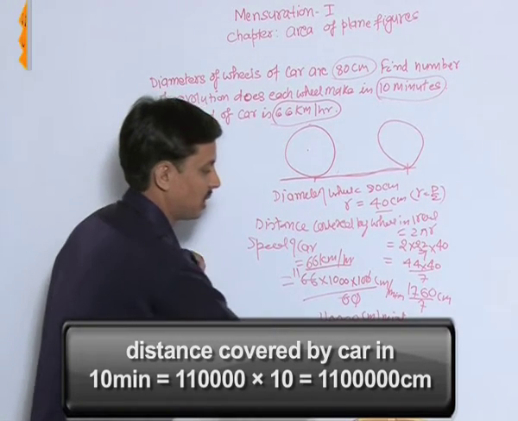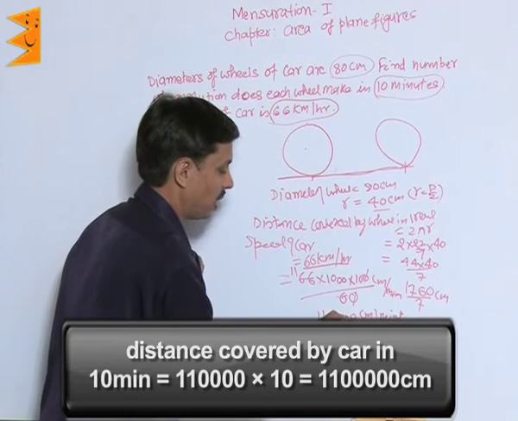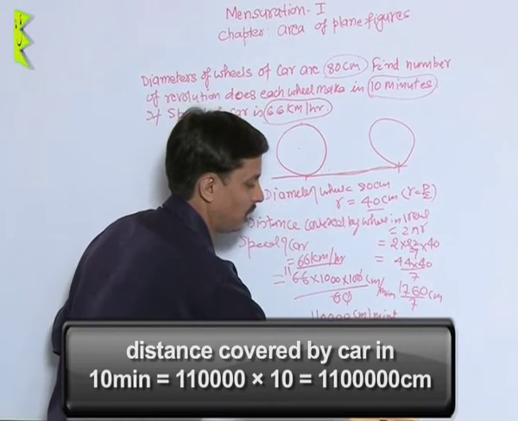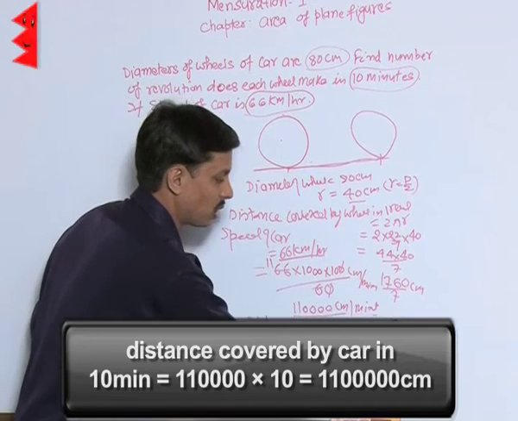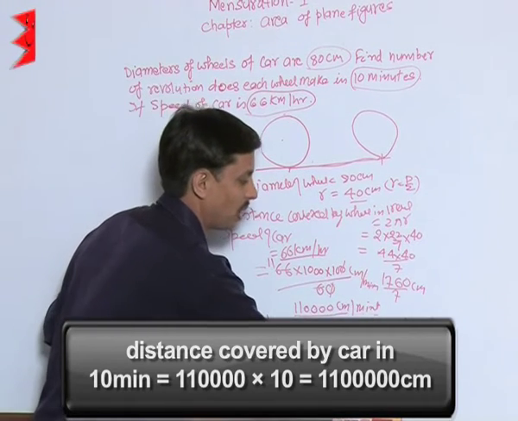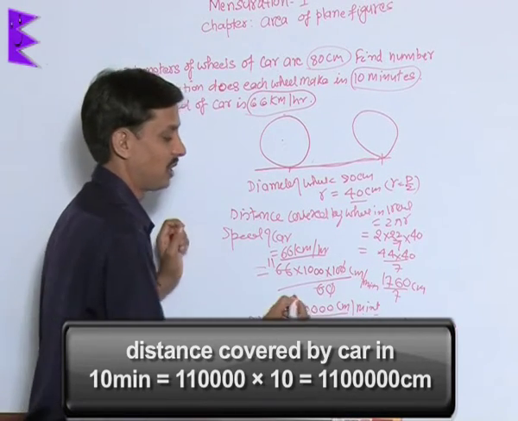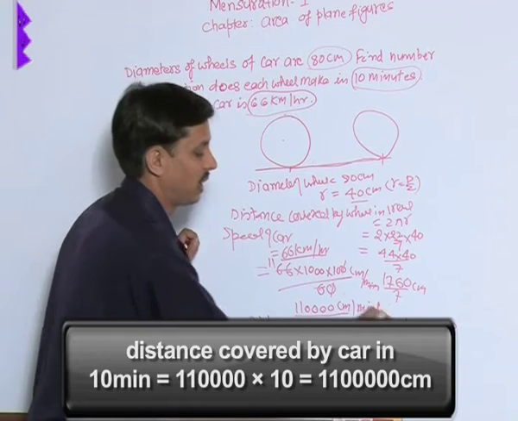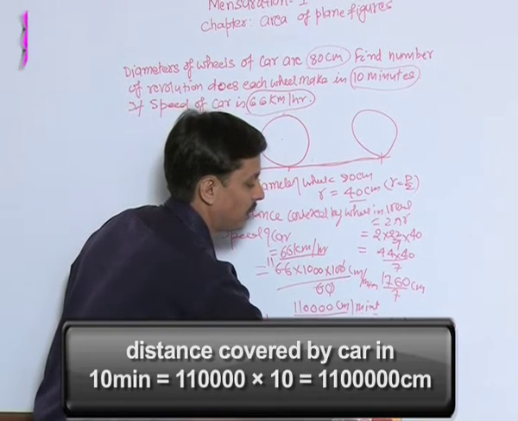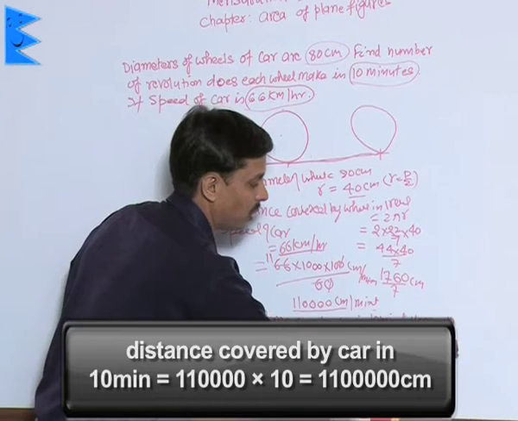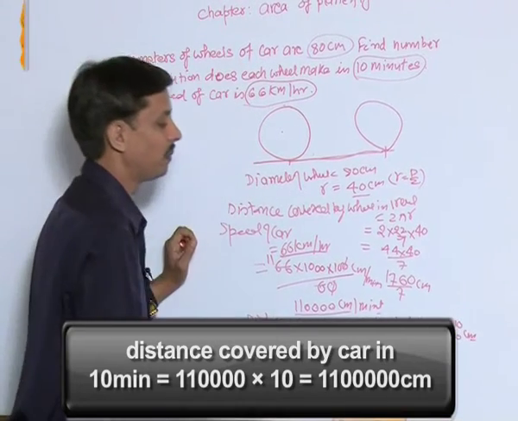In 1 minute the distance is 11 followed by 4 zeros centimeters. If I multiply it by 10, I get the distance covered by the car in 10 minutes, which comes out to be 11 followed by 5 zeros centimeter.